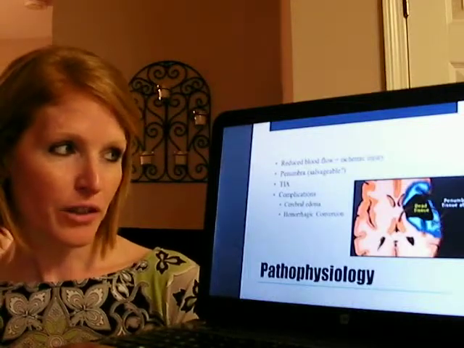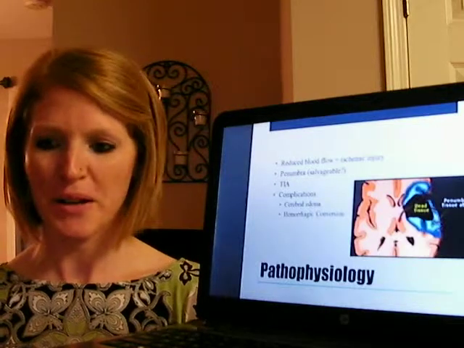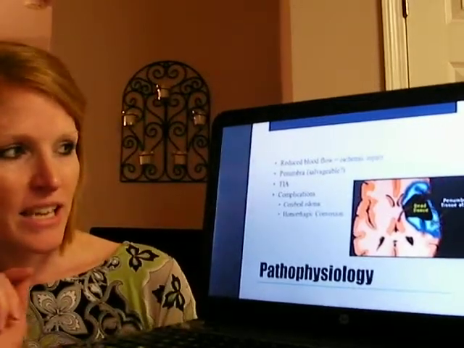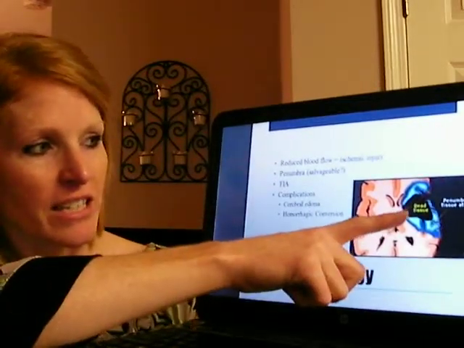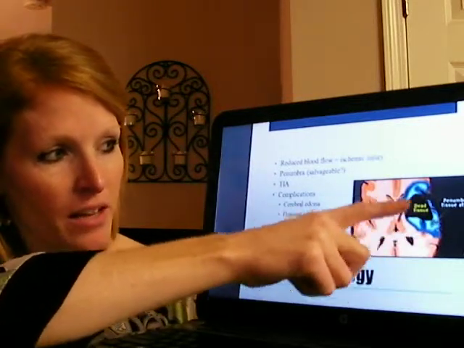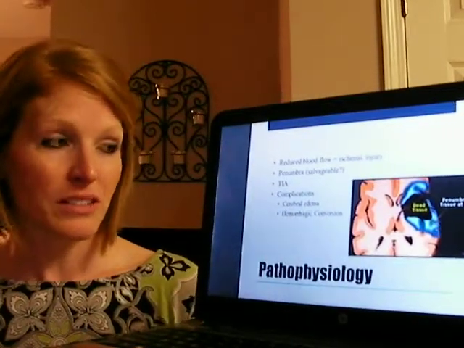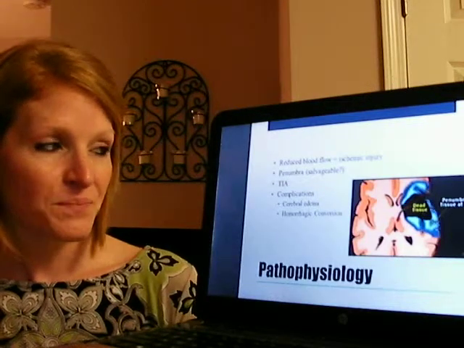Has anyone ever heard the word penumbra? It's a strange sounding word, but as you can see in this picture, there's the dead tissue right here, but this area around it, the penumbra, is tissue at risk, and this is salvageable tissue. It's just important to get blood return back to that area.